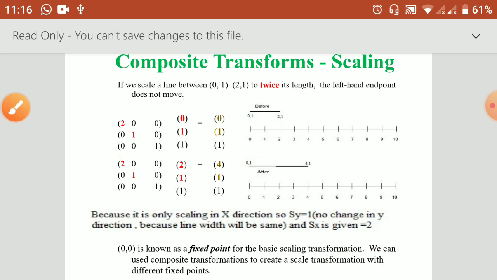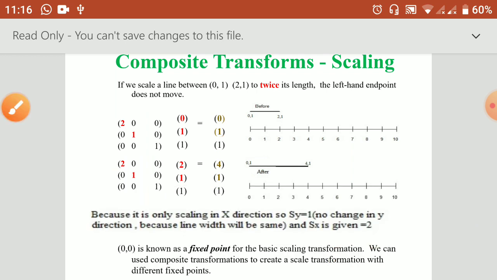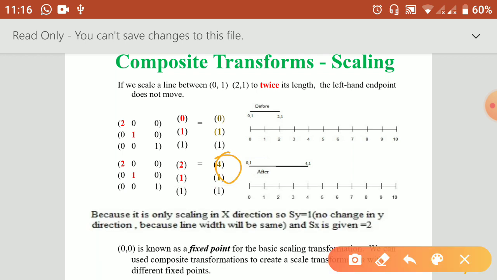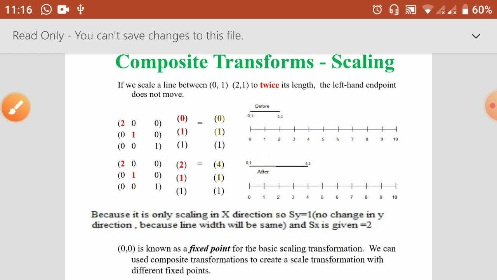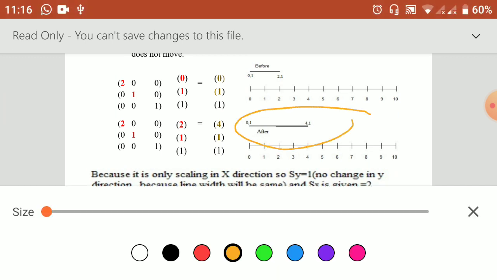What is the meaning of these matrices? The resultant coordinates are 0 1, the 1 remains constant always, and the second endpoint will be 4 1. So after solution we have got these coordinates 0 1 and 4 1.